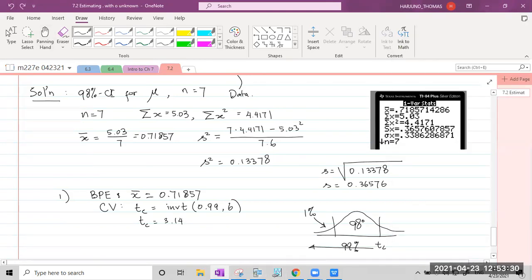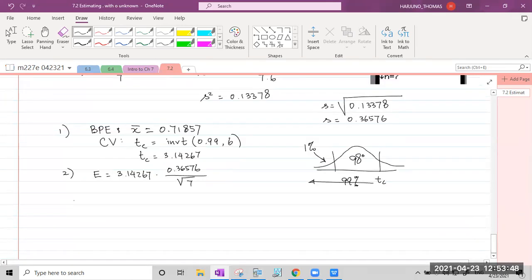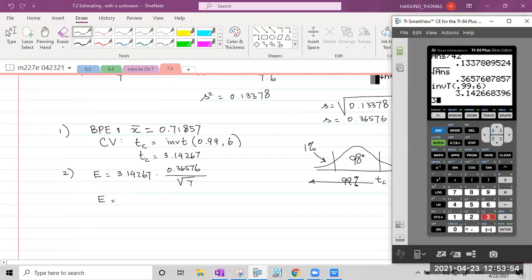So margin of error will be 3.14267 times 0.36576 over square root of 7. 3.14267 times 0.36576 divided by square root of 7. That will be 0.43446.